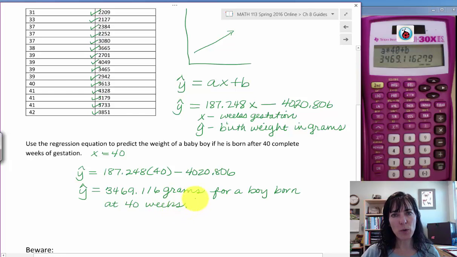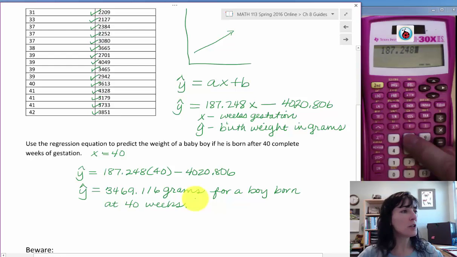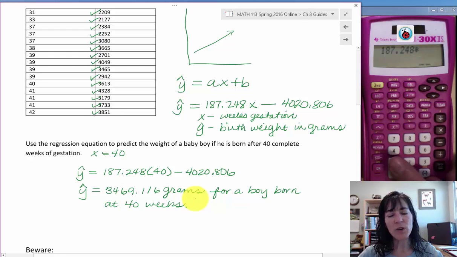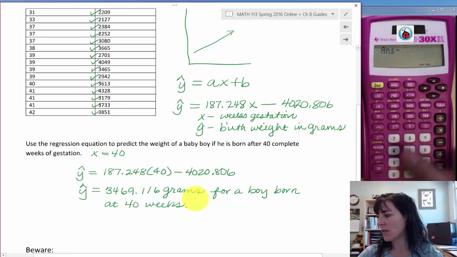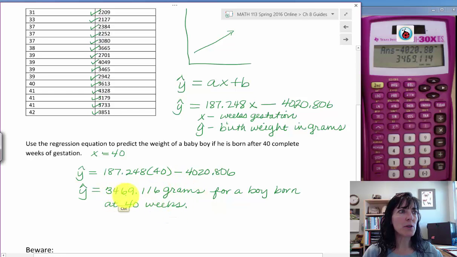Okay, I want to show you that one more time without using the fancy AX plus B, because some of you might not like that method very much. So let's start over on that, and I will do 187.248 times 40, and I get 7489.92, and then I will just subtract off the 4020.806 and push equals, and I get 3469.114.